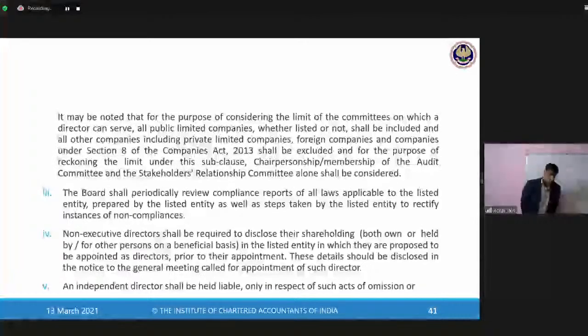So basically, it's about putting the responsibility on the independent directors, that independent directors will become responsible in respect of any acts or omissions, or say any non-compliances, if those would have taken place and those were within the knowledge of the independent directors, but they didn't take any step to rectify that. Okay, moving further.